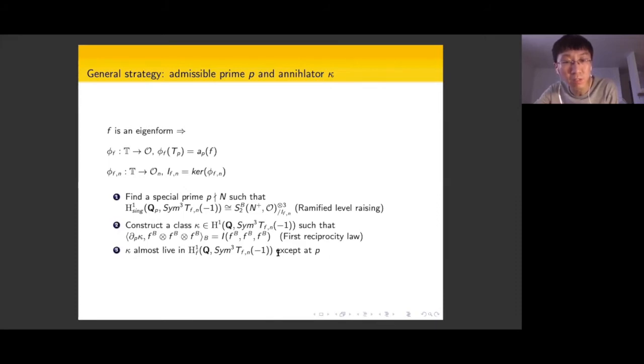Because of this property, I can see that many local terms are vanishing, and the only interesting term left is the local pairing between kappa and any Selmer class at p. You will see in a moment why I want to do that.